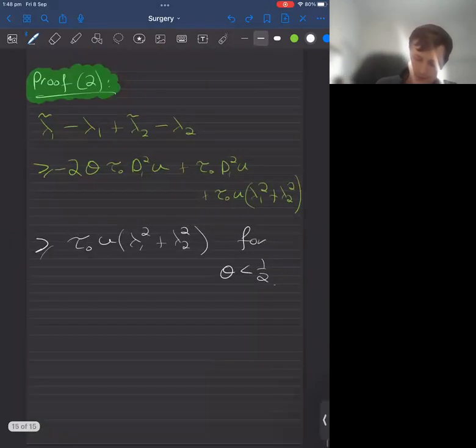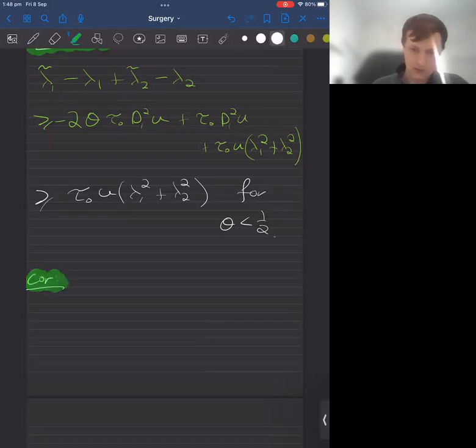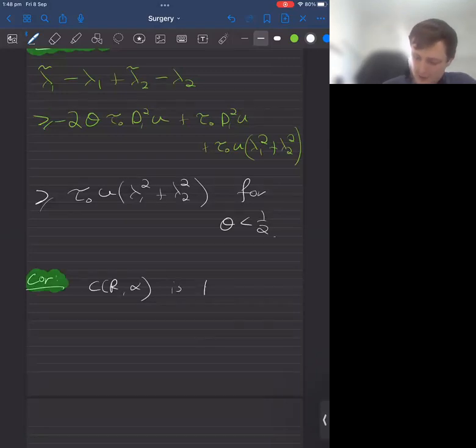And so as a final corollary, which I'll write here, this space C R alpha is preserved under this standard surgery.